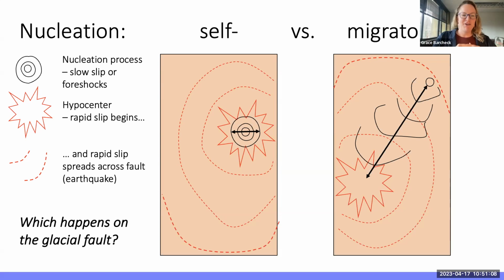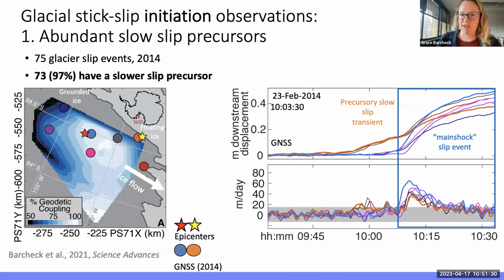So I've given you these two end-member ways that earthquakes might initiate, with the precursory process and the hypocenter in the same place or in different places. It's not really clear how it works on earthquake-producing faults, but we can figure out which way it works on this glacial fault and ask: does migratory nucleation happen in the world? I'm going to try to answer that question first using my data set of 7 GNSS sites that were recording the position of the surface of the ice once every 30 seconds for a couple of months in 2014.